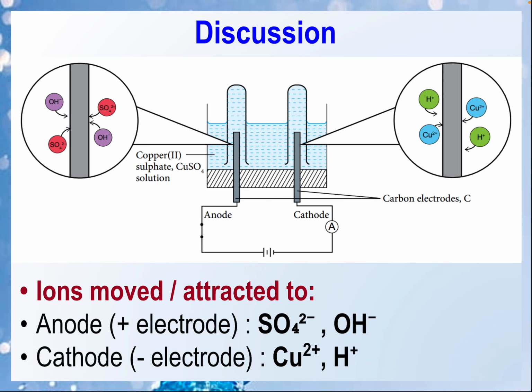While anode adalah bercas positif sebab dia bersambung kepada positive terminal of battery. So ions yang attracted pada positive electrode adalah sulfate ions and hydroxide ion. So, 2 ions dekat anode, 2 ions dekat cathode.